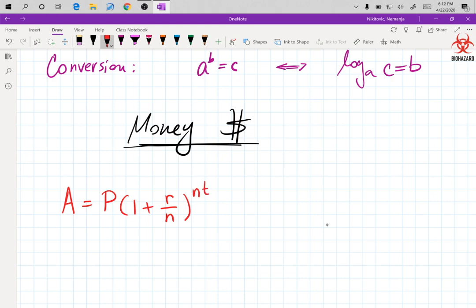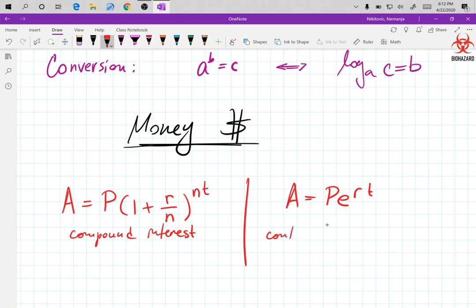So this is called the compound interest formula. And over here on the other side of the wall, A equals P e to the r t. This is continuous compounding.